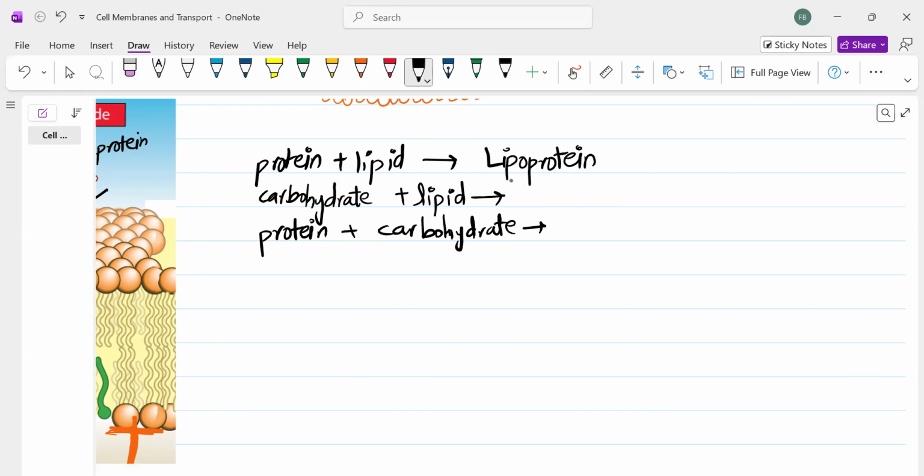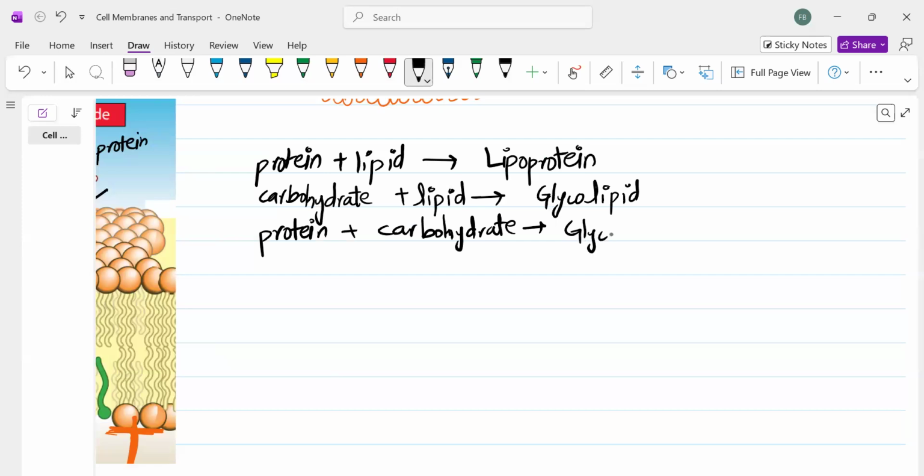Then what about this one? In this you can use the glyco terminology first for the carbohydrate. That will be glycolipid. And what is the last one? That's glycoprotein.